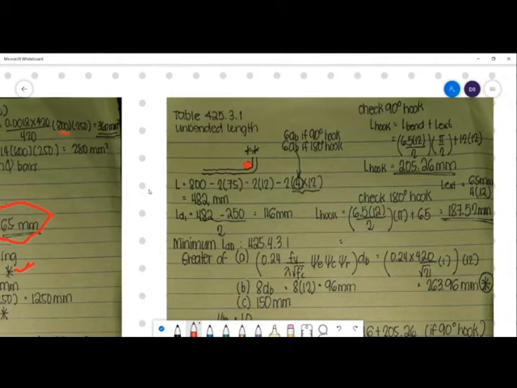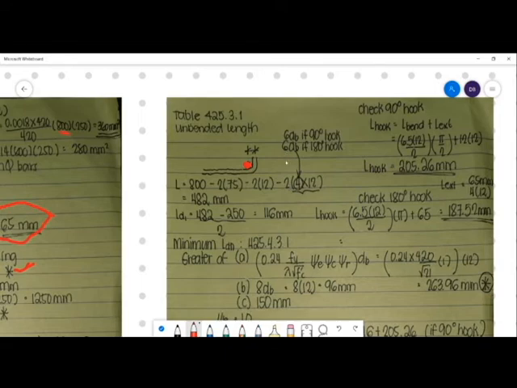Pero let's check first yung unbended leg na tinatawag. Yung unbended leg natin is equal to 800, the length of the footing minus the cover, minus 2 times 12, minus 2 times 6 diameter of bar.